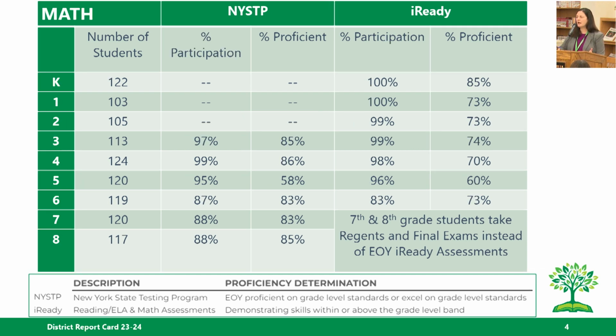Similar to ELA, I have the same data points for mathematics. In terms of where we fare, you will see higher scores in math, as this has traditionally been the case.